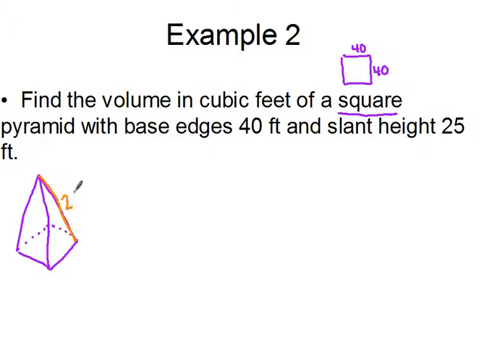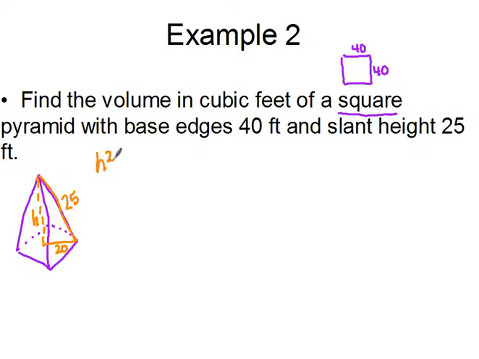So this is 25. That's not H, that is L. H would actually be inside the square. And it just so happens when you do this, this is 20 because it's half of 40. And we need to find H.